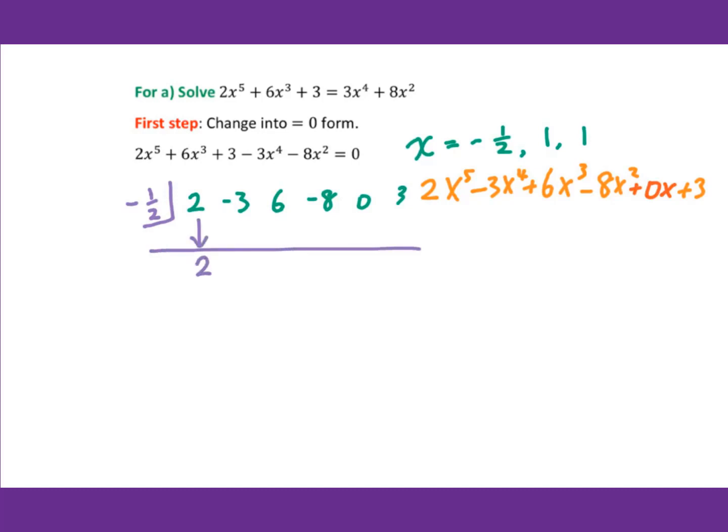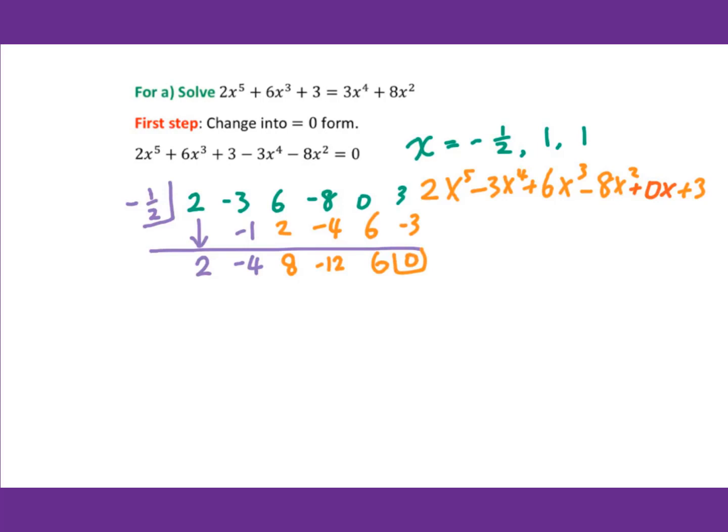You got the 2. Multiply. That's -1. You got -4. Multiply, get 2. Here's 8. Multiply -4. You got -12. This is a 6. So you got a 6, -3, you got 0.